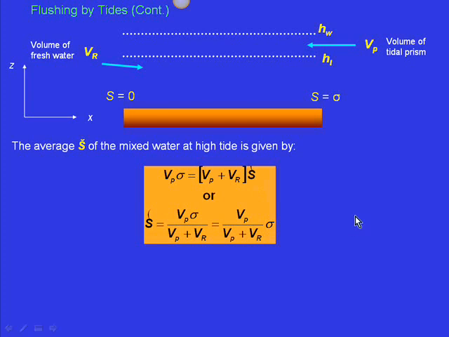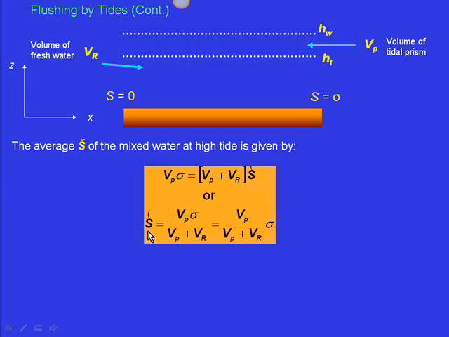This is the salt flux coming in during flood, and that's the salt flux going out. So this is the salt balance. You can solve for S hat, and you can see that S hat equals this over that, as represented here.